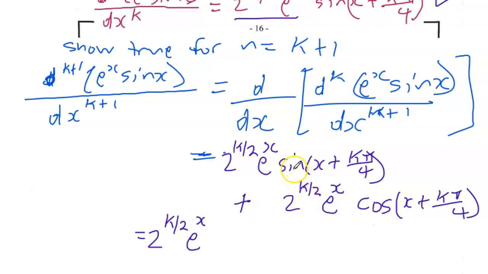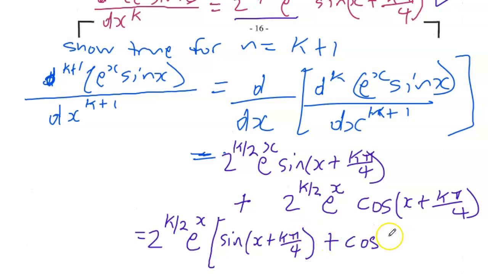Alright, and we end up with now in the bracket, sine x plus k pi over 4, plus cos x plus k pi over 4.